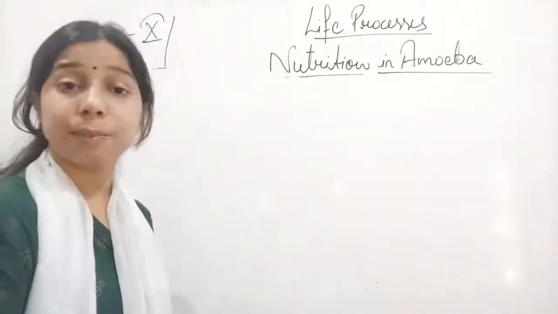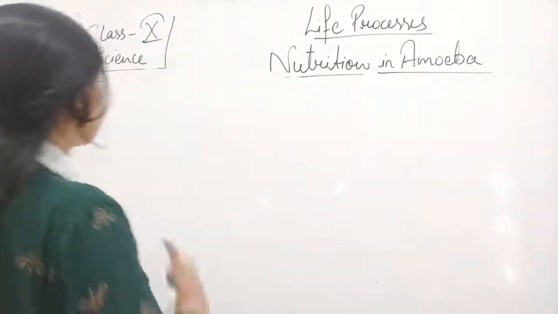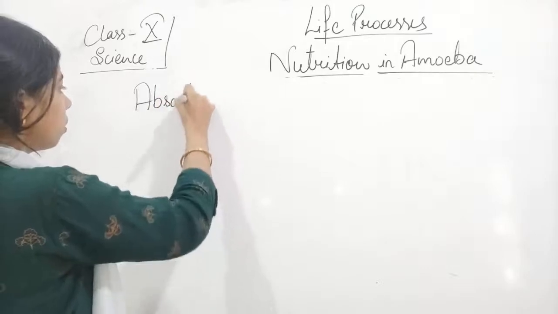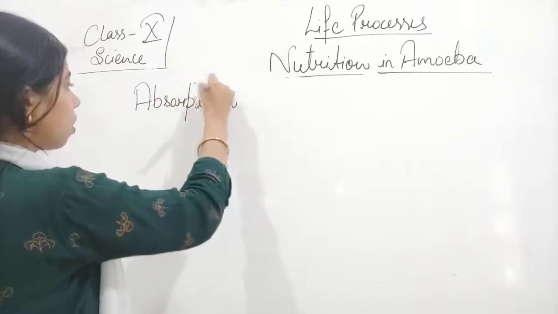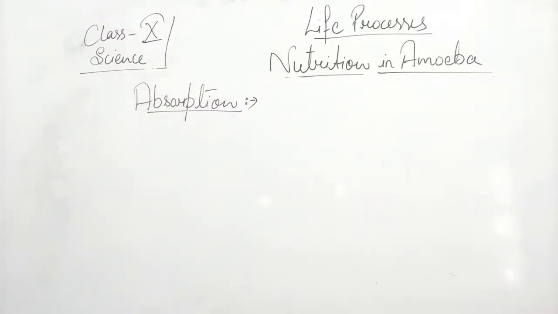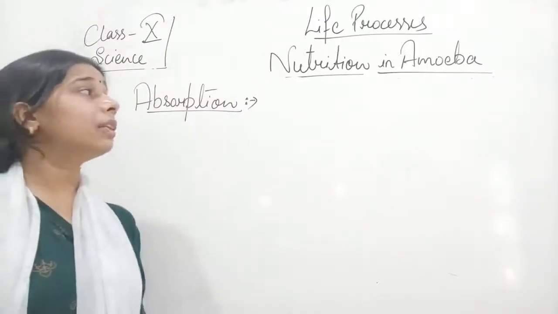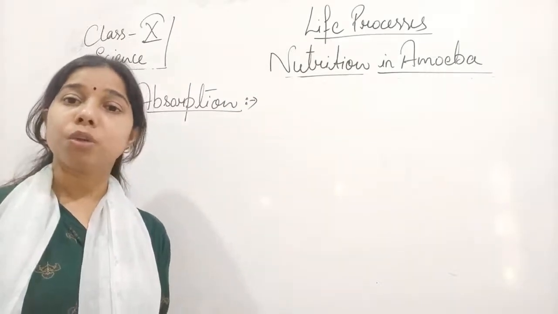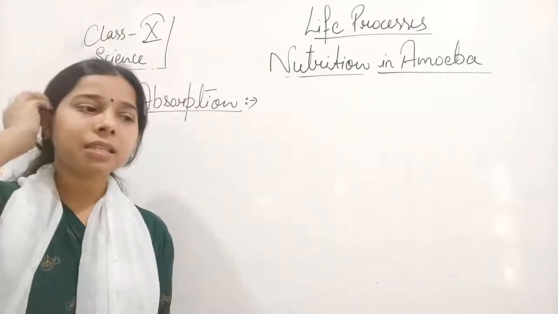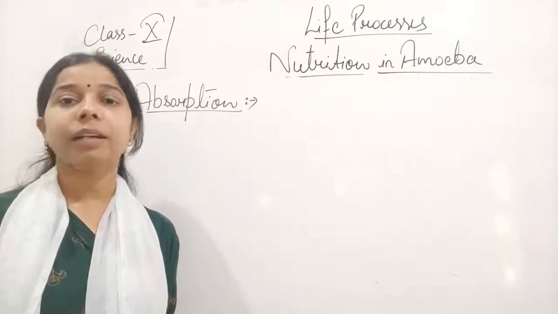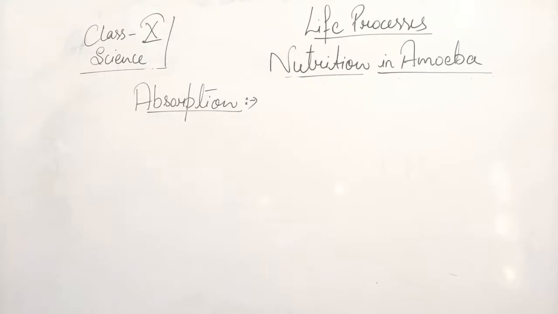Absorption. So you see, in case of absorption, the digested food which is present inside the amoeba will go to each and every part. Since there is no specialized intestine, it reaches instantly to each and every part of the body.